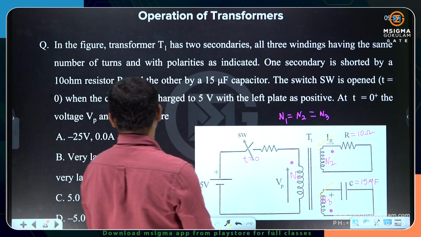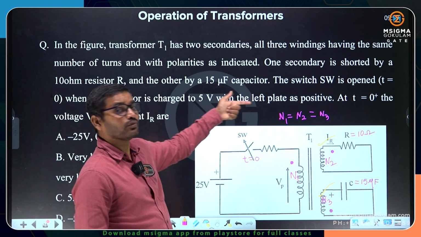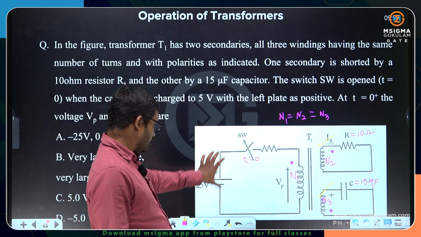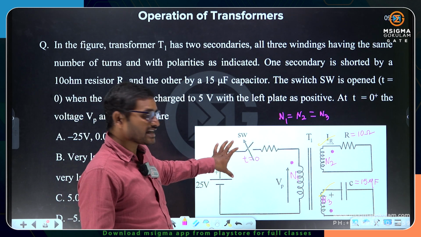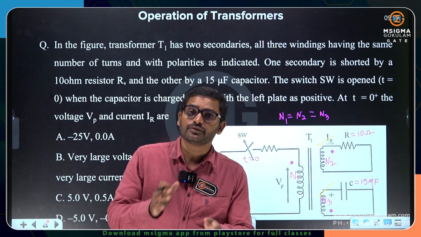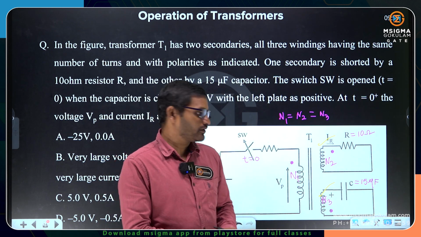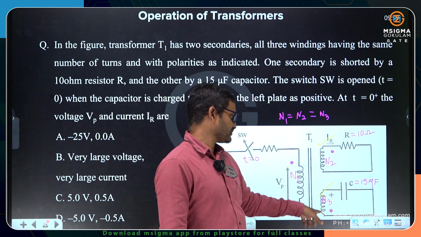Okay, that is what he is saying. We closed the switch long back, the 25 volt source is connected, and the capacitor is charged to 5 volts. If the switch stays closed for a long time, these EMFs will be 0.